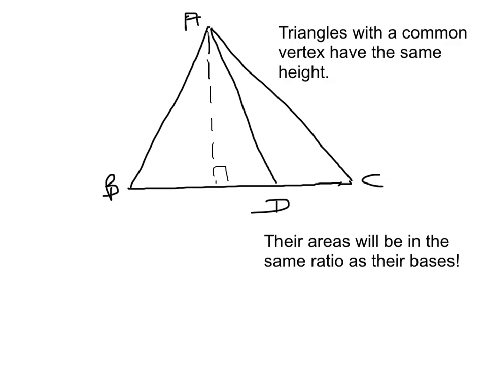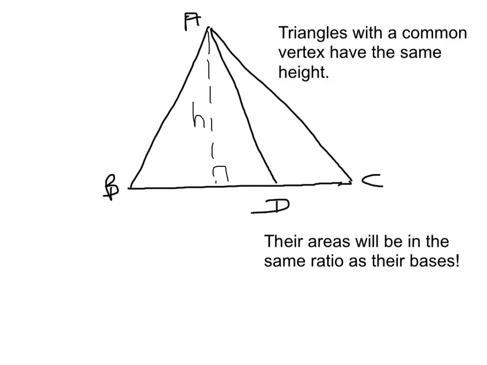Now remember, a height does not need to be inside a triangle. So don't get fixated on the fact that this height doesn't appear to be inside this triangle. It doesn't matter. It is still the height of triangle ADC. The base of triangle ABD is BD. The base of triangle ADC is DC. But they both have this common height, which we're going to call H.